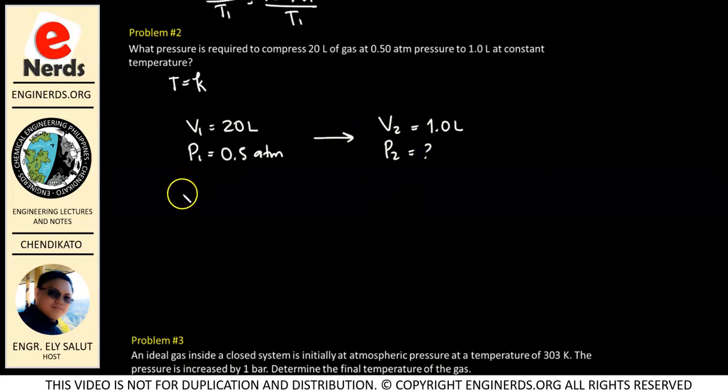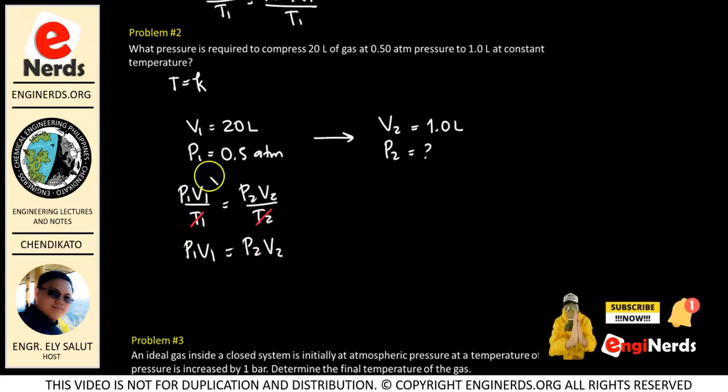Okay, we have our combined gas law. P1 V1 over T1 is equal to P2 V2 over T2. Okay, we are operating at constant temperature process. So our T1 is equal to T2. So this will be cancelled out. Okay, so we have P1 V1 is equal to P2 V2. Okay, so what is required is P2.